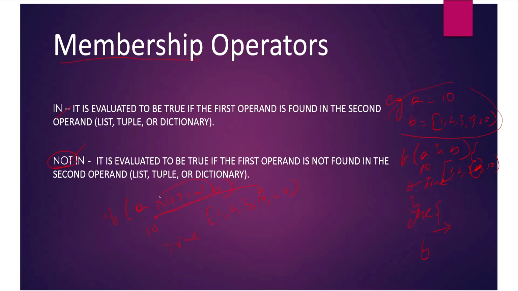Since we have used not in, 10 should not be present in this list, but there is a 10. So it will evaluate to false. If it exists it will return false, if it does not exist it will return true. That is the logic of the not in operator.